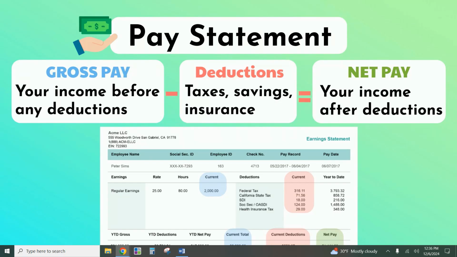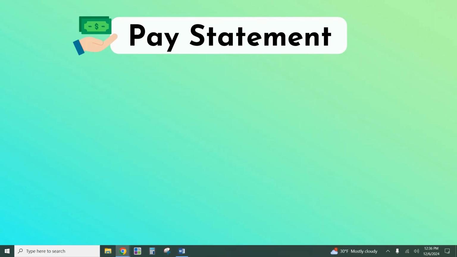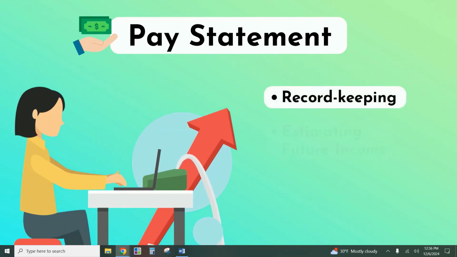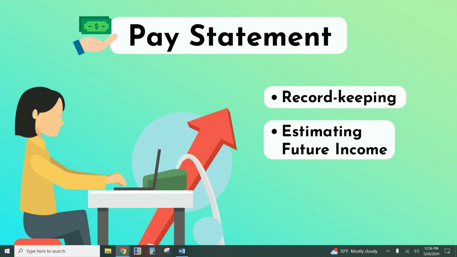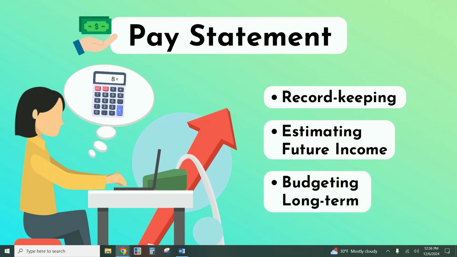Your net income is equal to your gross pay minus any deductions. When budgeting your finances, it's important that you understand how to read a pay statement. Pay statements are great for accurate record keeping and for estimating your future income. If you can reliably estimate your net income, you'll have an easier time budgeting long term for other expenses and savings.